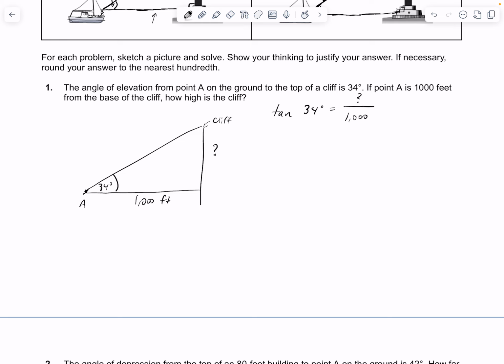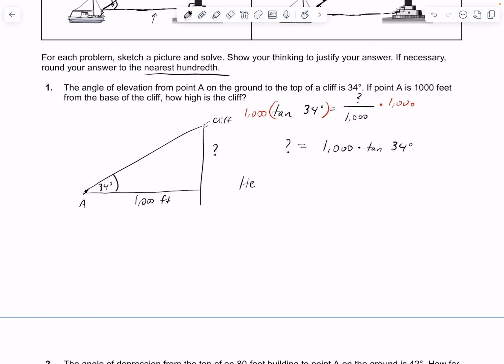Because my unknown is in the numerator, I'm just going to multiply both sides by 1,000 to move that to the other side. So my exact answer is the height of the cliff is equal to 1,000 times the tangent of 34 degrees.